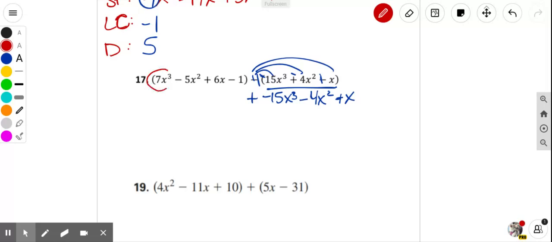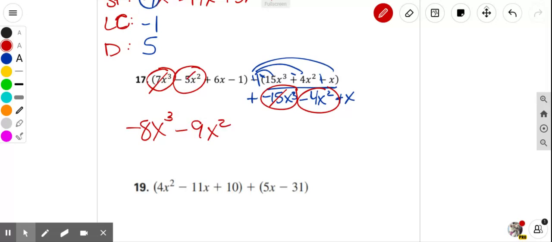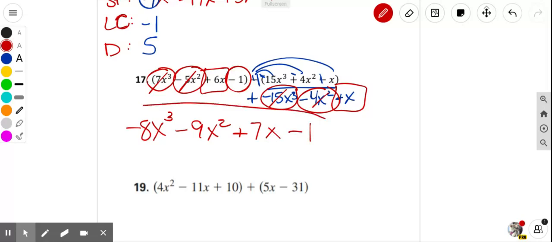So I'm going to start with the highest degree, which is to the 3rd. So 7x to the 3rd plus negative 15x to the 3rd is going to be negative 8x to the 3rd. And those are all set. X squared term, negative 5x squared, negative 4x squared is negative 9x squared. 6x and x would be 7x. And then just that -1 is by itself. So that would be your answer.